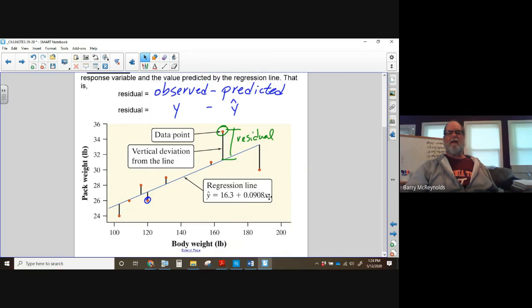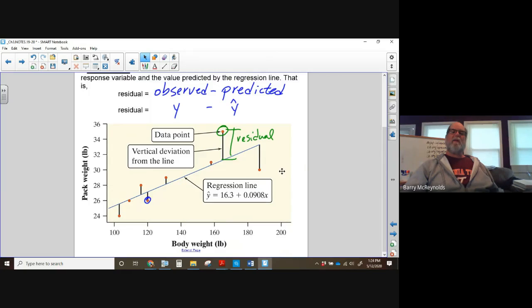You can't have a hiker who weighs 0 pounds, but nevertheless, it's still the Y-intercept. And if we scale these X and Y axes all the way back to 0, 0, this line would cross at Y equals 16.3, even though it has no practical meaning to us.